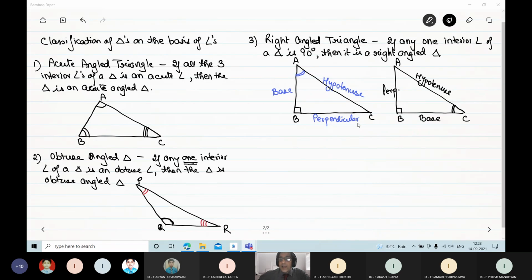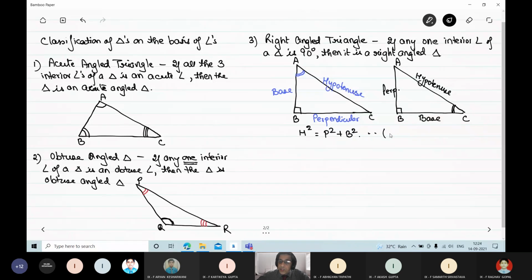And a right angle triangle will always satisfy what? It will always satisfy the Pythagoras theorem. Is this clear? The Pythagoras theorem says hypotenuse square is equal to perpendicular square plus base square.